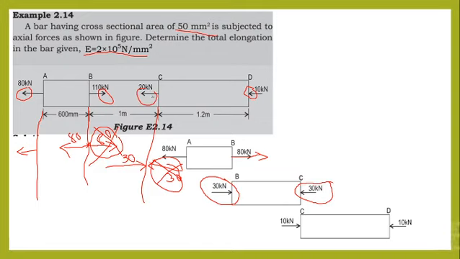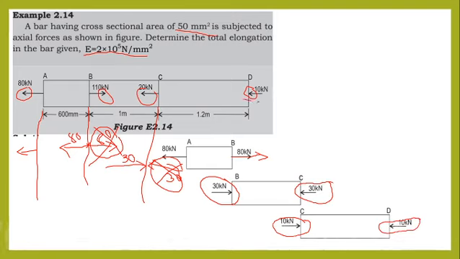So at this section now, 30 kilonewton force is acting towards the right direction and 20 kilonewton force is acting towards the left direction. So net we got a 10 kilonewton force towards the right direction. So in the third section, I will be writing 10 kilonewton force towards right direction. And at the end, if 10 kilonewton force is acting towards right at one end, at the other end we should have another 10 kilonewton.